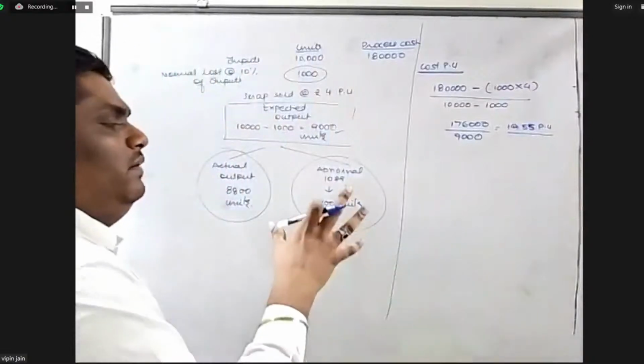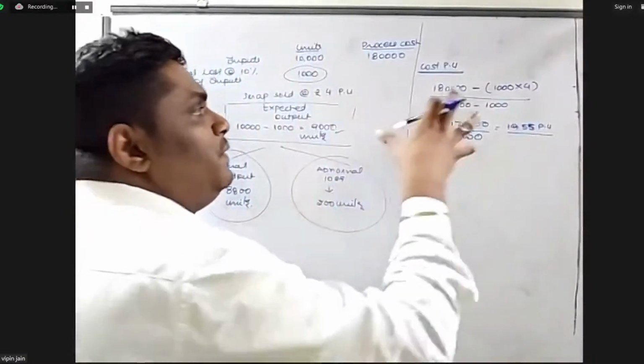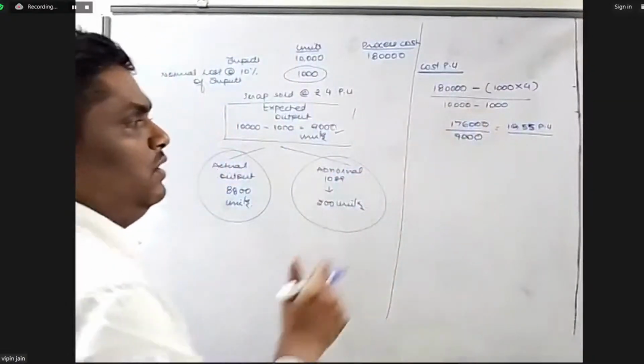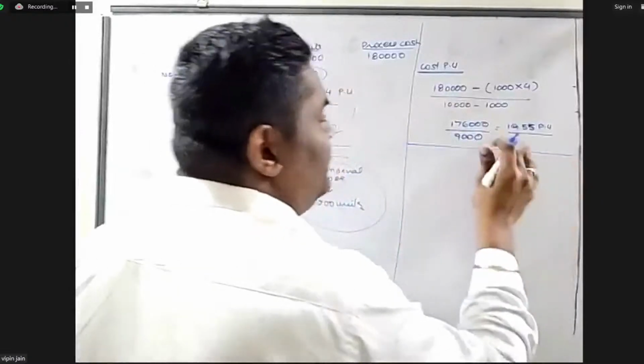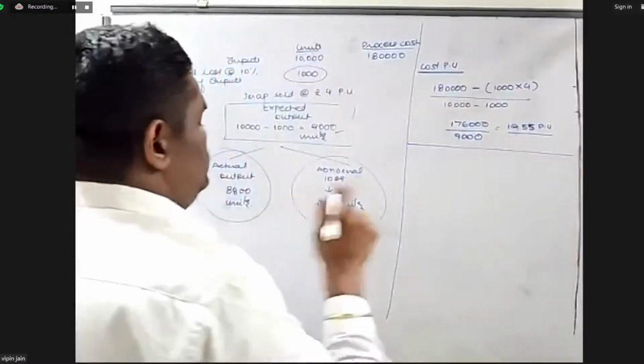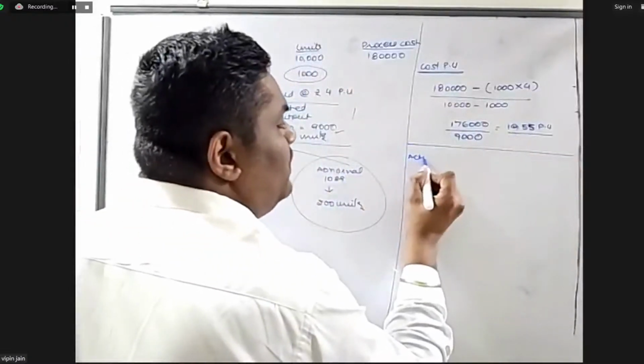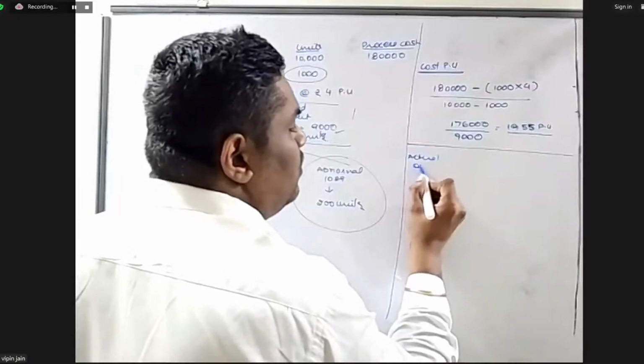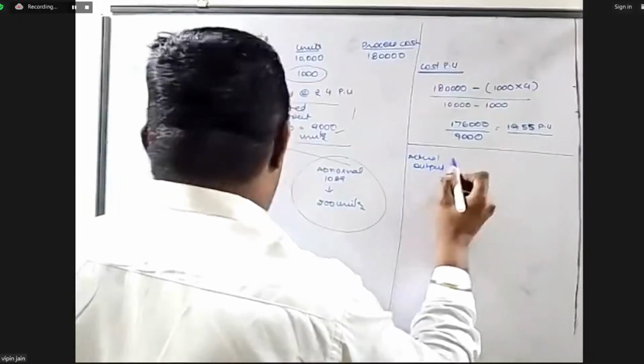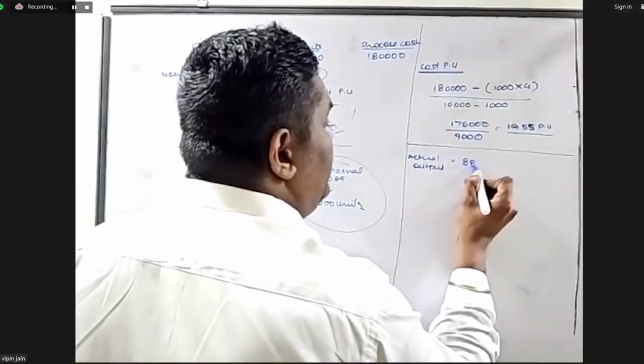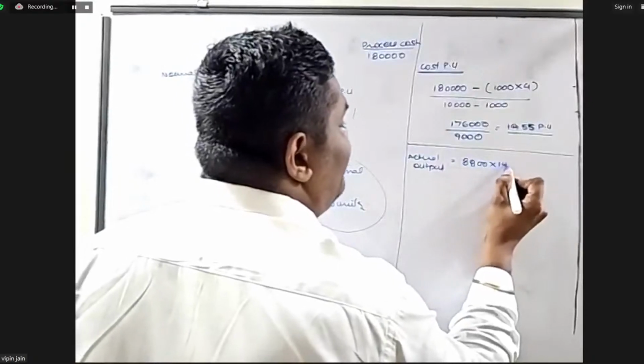Again, very important, abnormal loss से product cost inflate नहीं होगा. So 19.55 will be the value of good units. So the value of actual output will be 8,800 into 19.55.